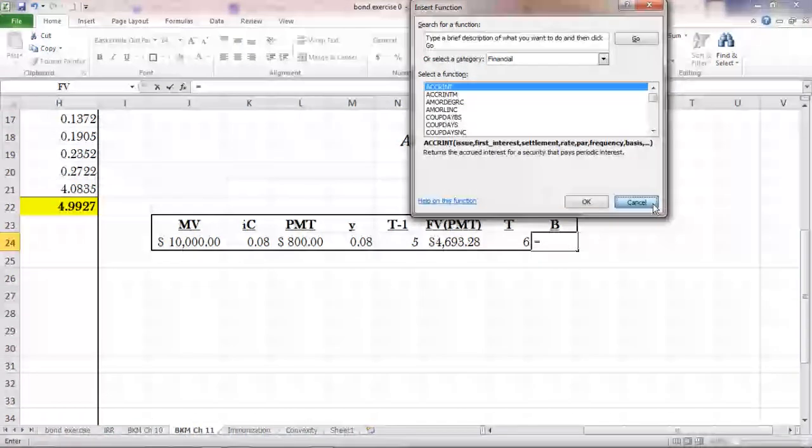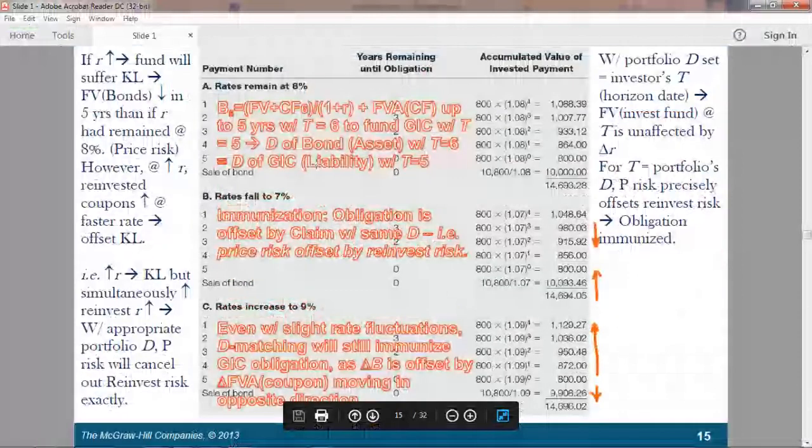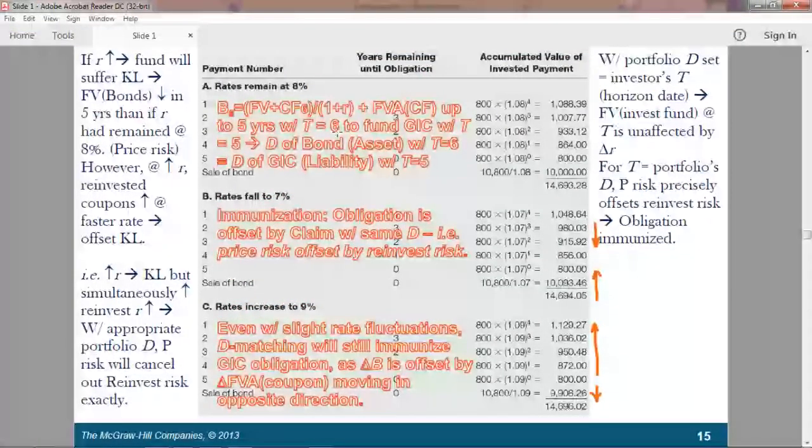the table 11.6. So this is what it is saying. If the interest rate remains at 8%, all those $800 coupon payments, because you're getting paid at the end of the year, the first one will earn interest 4 times, right?